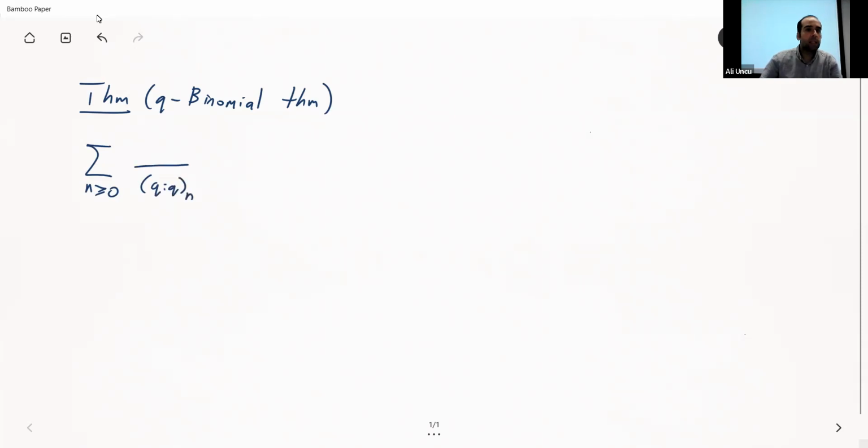The base is always the same. On the top, you have (a;q)_n. So you can pick what a is supposed to be. And you have z to the power n, an argument. And this thing turns into a product, which is (az;q)_infinity over (z;q)_infinity.